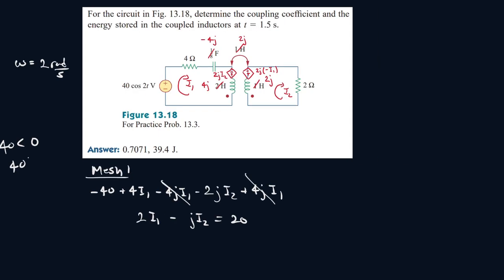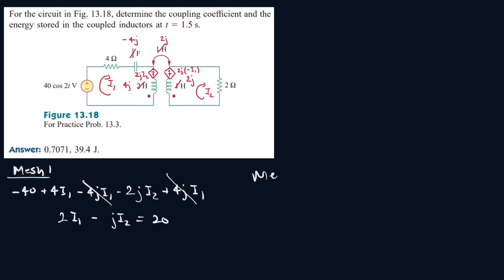Alright, looks good. So now let's do mesh 2. So for mesh 2, it's 2J I2 plus minus 2J I1 plus 2 I2.